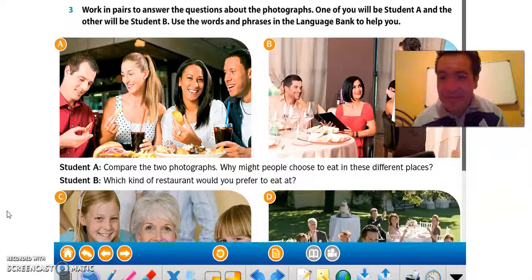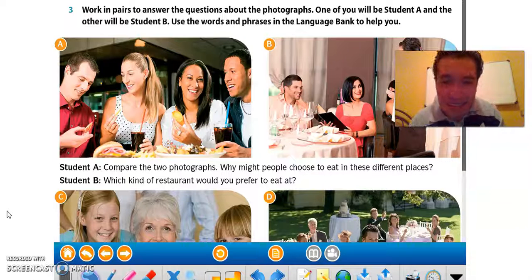Now in the letter B, as you can see, we can say that this is one of the differences. So we can say the main difference between these two pictures is that in the letter B, they are celebrating a special occasion.